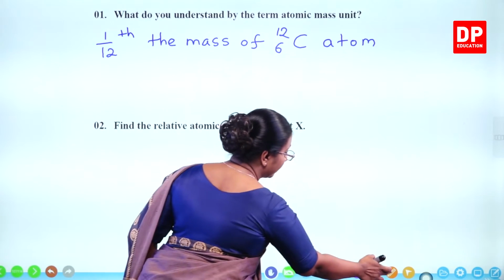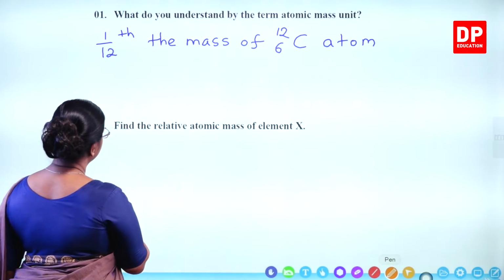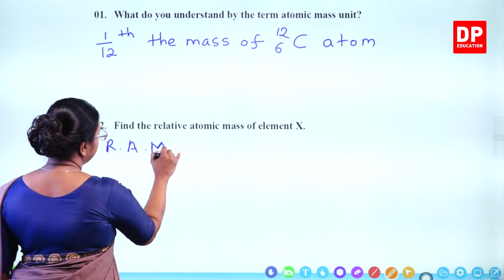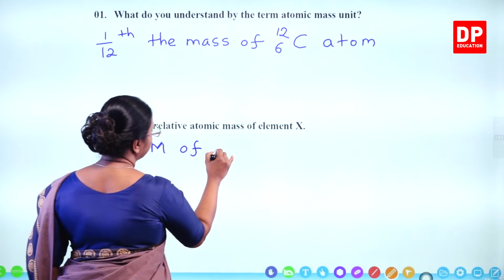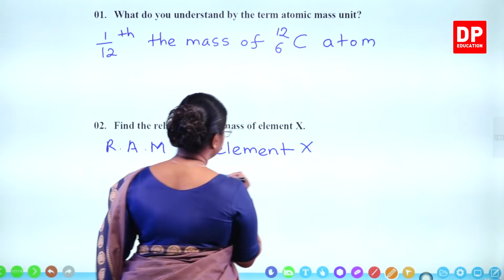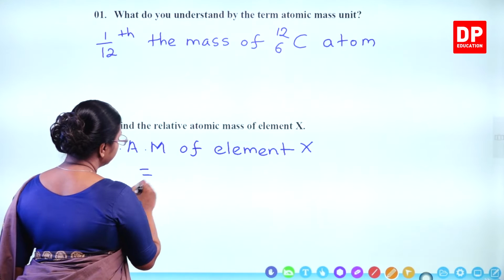Find the relative atomic mass of element X. So relative atomic mass of element X, what is that equal to?